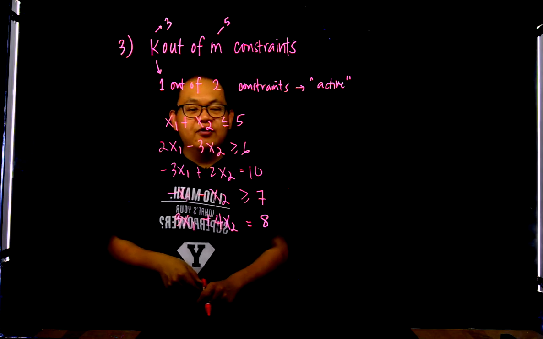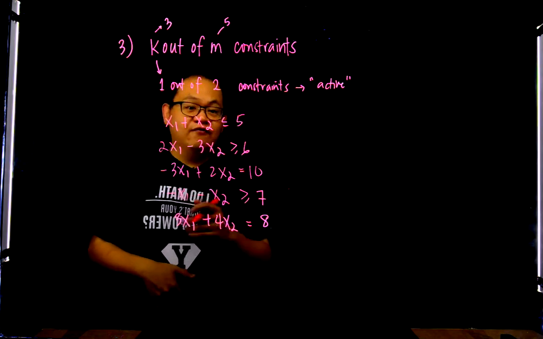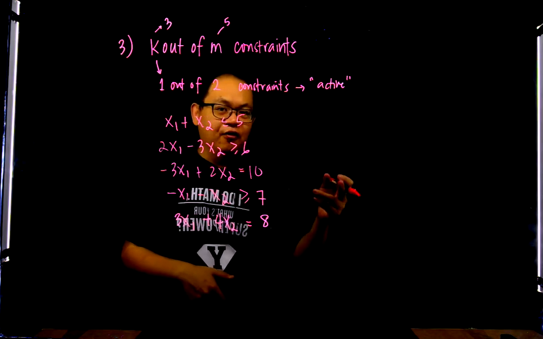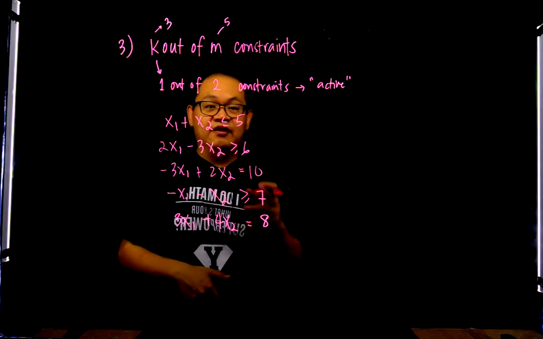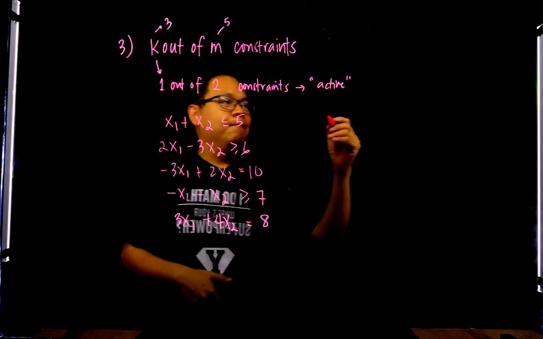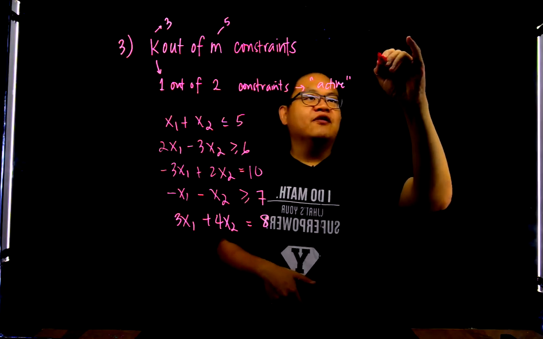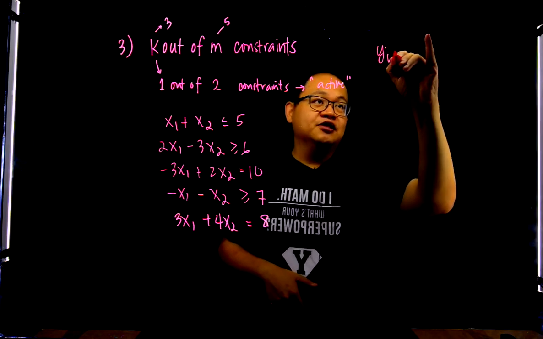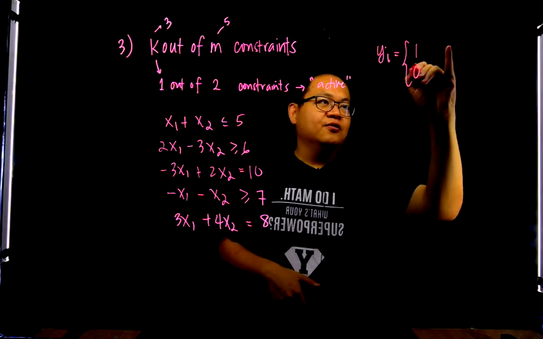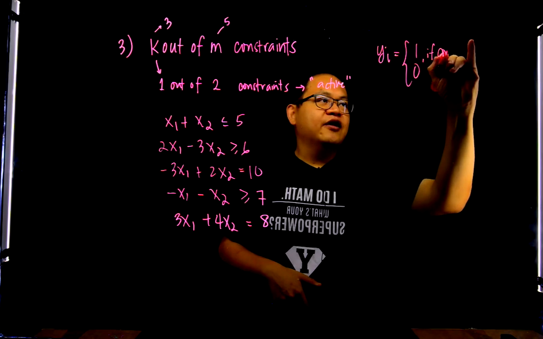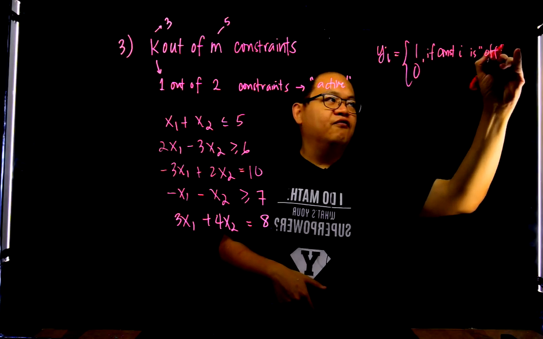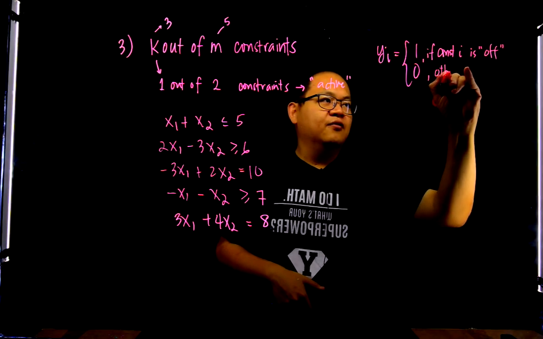Now, if you want 3 constraints to be active out of the 5 constraints total, then we can use the concept of turning on and off your constraints in the previous example. Let me write here the definition of our binary variable before. Let y sub I in general be equal to 1 if constraint I is off, and 0 otherwise.